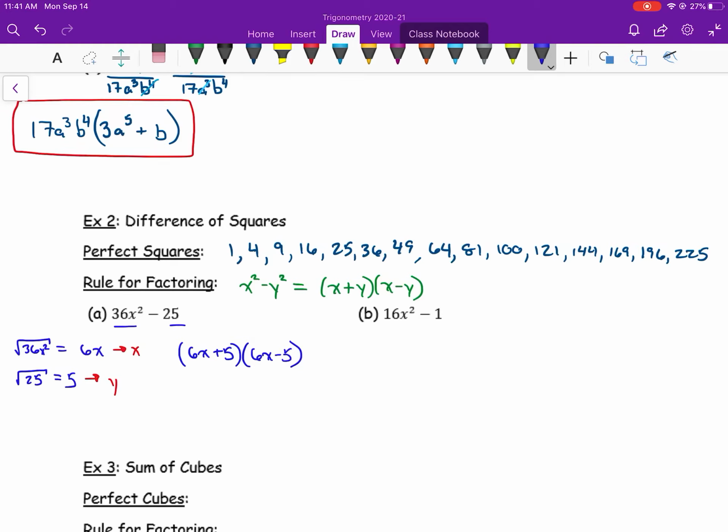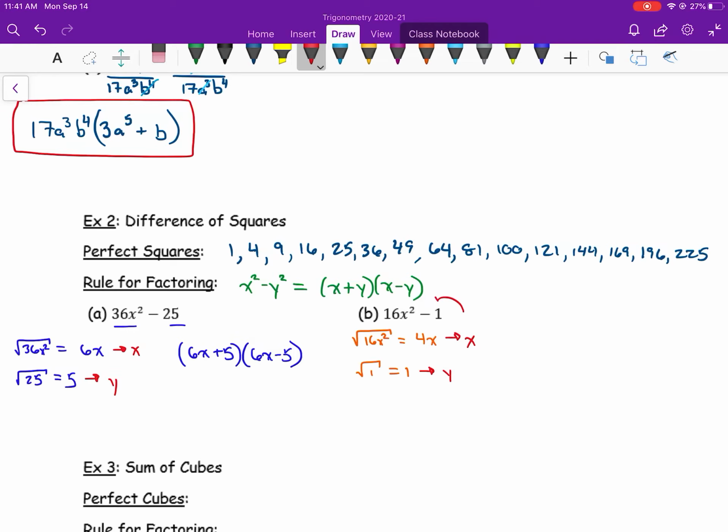Moving on to the next one. I'm going to take the square root of 16x squared. Square root of 16 is 4, I get x. Square root of 1 is 1. Again, 4x becomes the placeholder for x, and 1 becomes the placeholder for y.